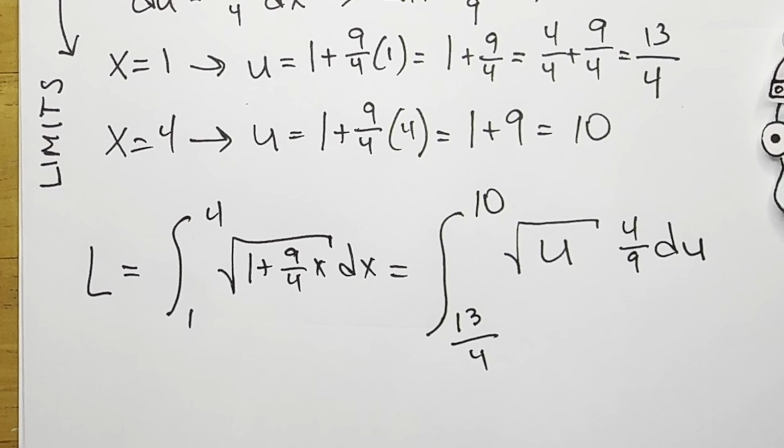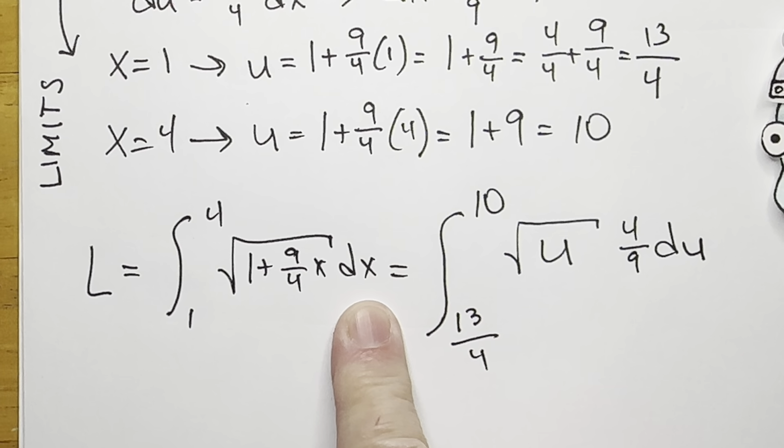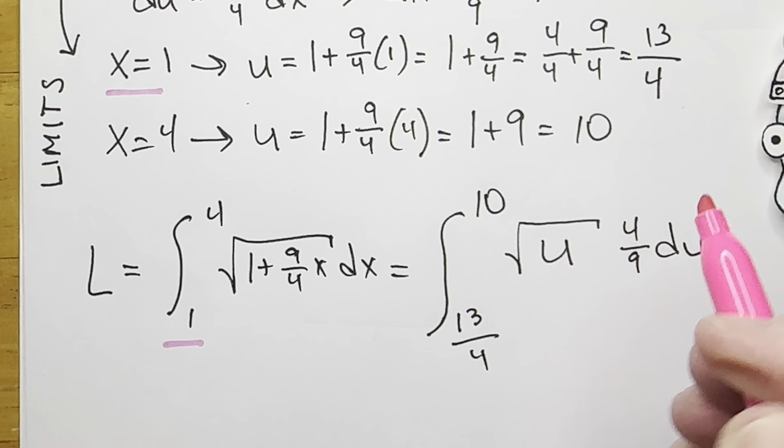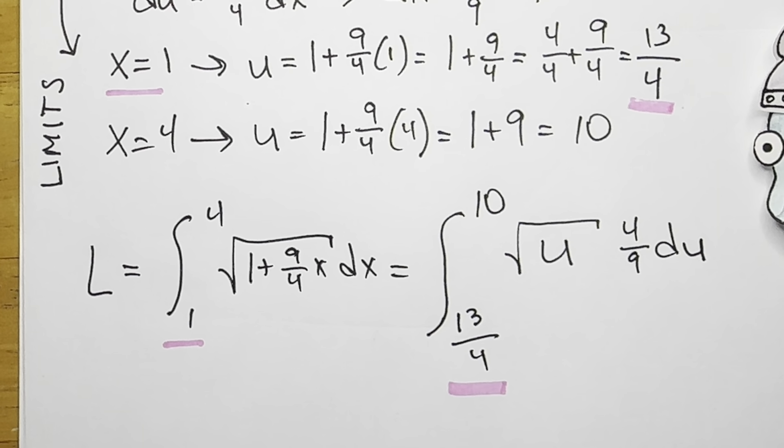So he forgets. So the arc length is the integral from 1 to 4 of, this was our arc length formula, but I'm now using the new u limits, right? So when x was 1, we now have u equals 13/4.